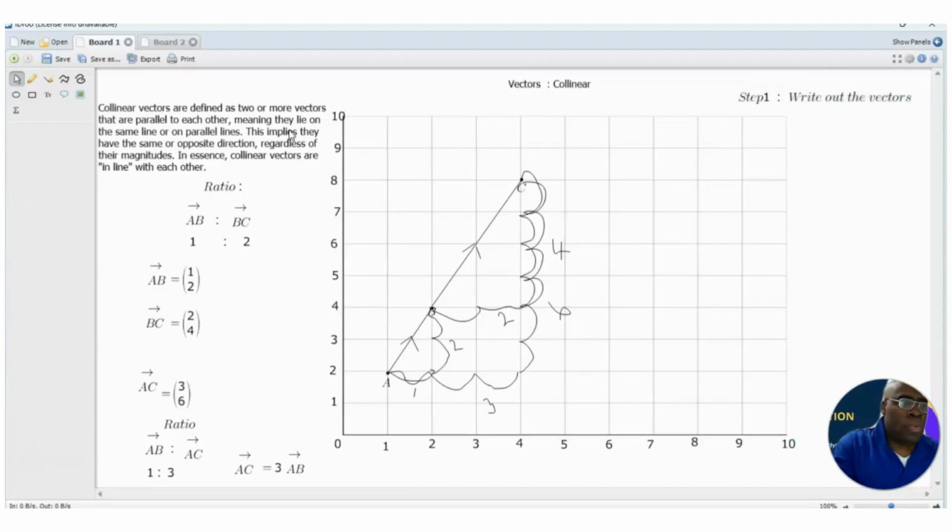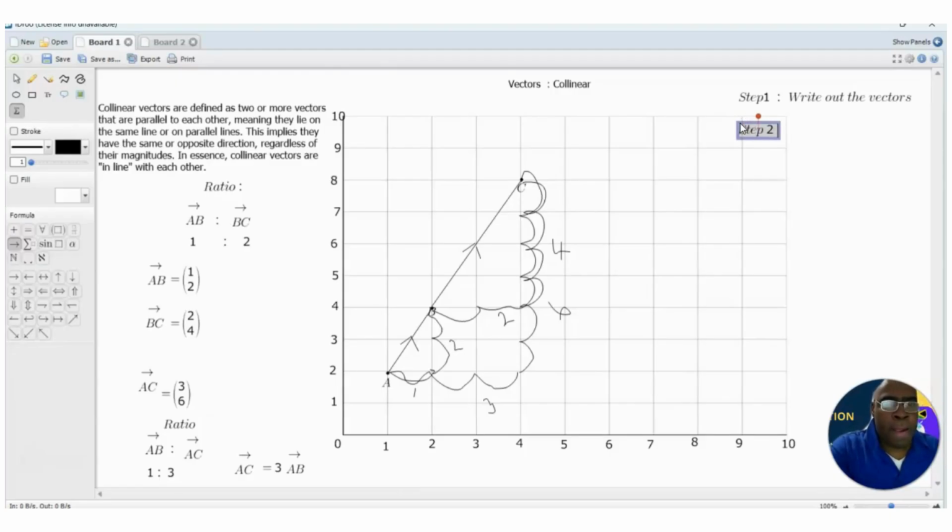Step 2, compare the vectors. Step 3, write a ratio to show the comparison.